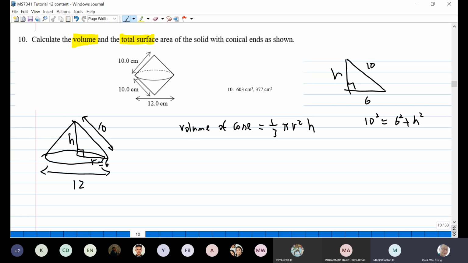So that means that h square is equal to 100 minus 36 now, because 6 square is 36, right? And then h square is 64. 100 minus 36 is 64. Then h equals what? 8 cm. So h is 8 cm.